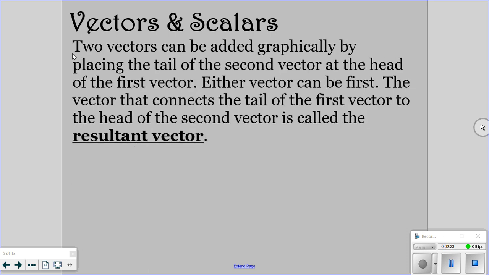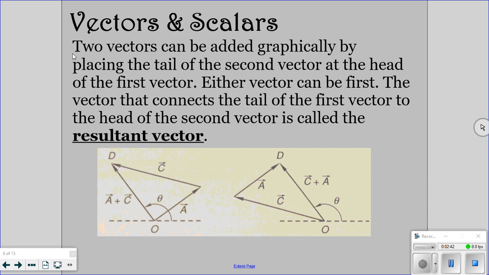All right, so two vectors you can add together graphically by placing the tail of the second vector at the head of the first vector, and either one of the vectors can be first and the other one can be second. And whenever you connect the tail of the first vector to the head of the second, that's called your resultant vector. I'm going to draw some colors to help you see what to do here.